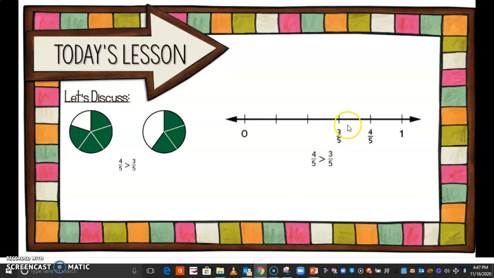So since we have 4 that's further along the number line, closer to the whole, we know that 4/5 is more than 3/5. And to write it as a number model, it would look like that. Okay? Or you can do 3/5 is less than 4/5. That would work too. Okay?